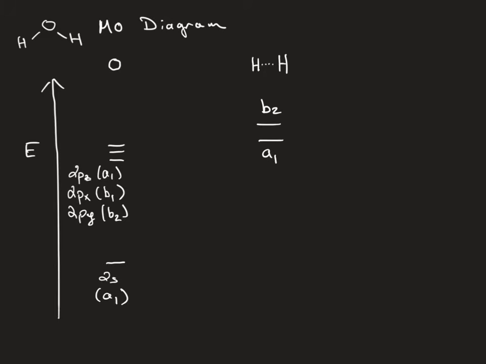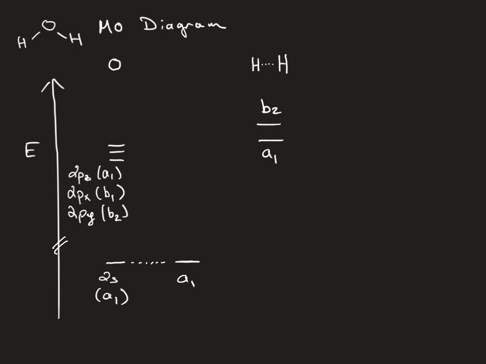Going through and doing this, because that oxygen 2s orbital is buried low in energy relative to the 2p orbitals on oxygen and the hydrogen SALCs, we're going to bring this over and, to a first approximation, just say that that is non-bonding. And it's going to remain A1 symmetry.